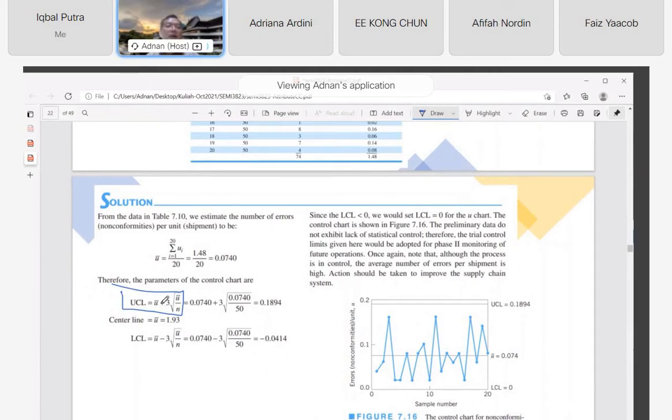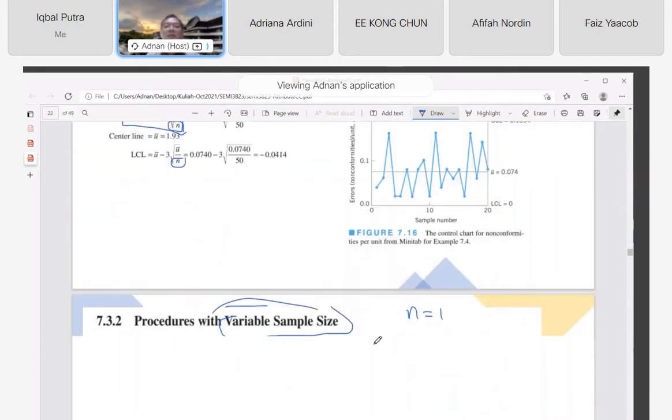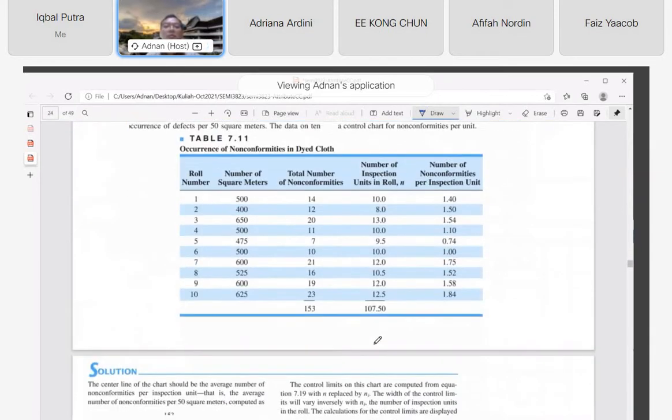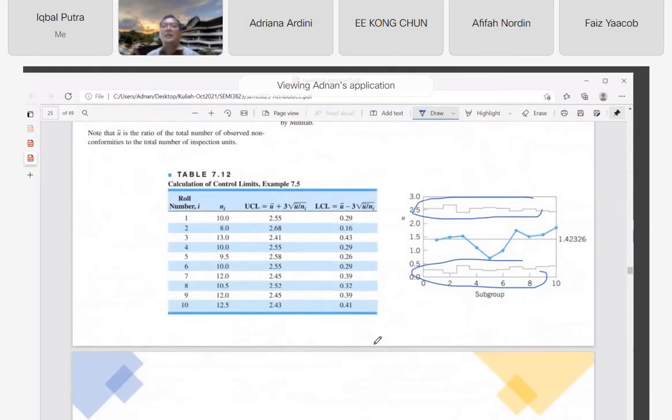We have U bar plus 3 square root of U bar divided by N. So if N varies, this will vary. So this is what you get here. For this U chart, the control limit varies.